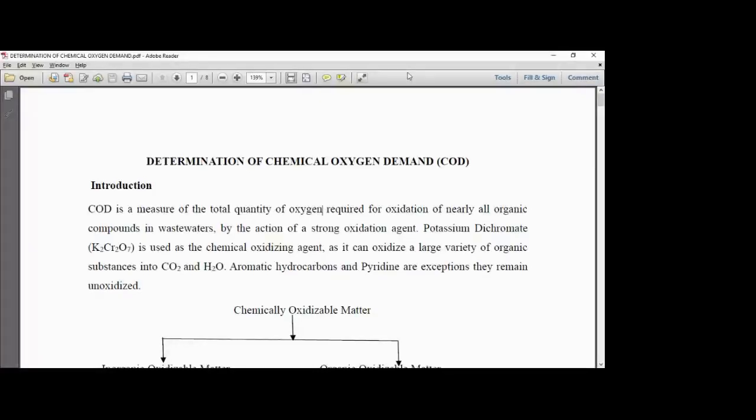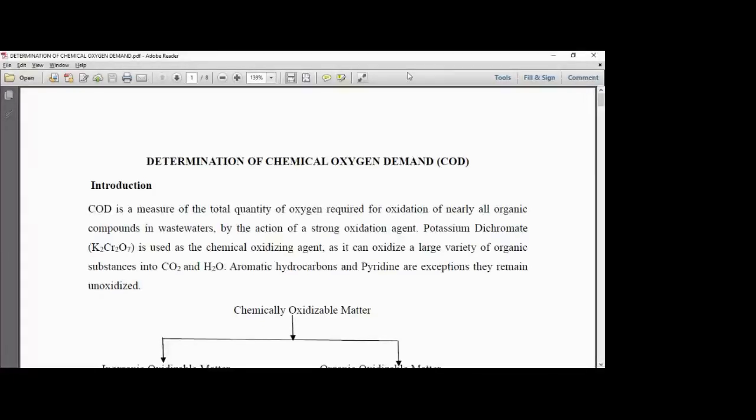So why is the oxidation of the organic matter required? If I oxidize all the organic matter, what will happen? My water will be more pure, right? My water contains organic matter, hence it is polluted. But if I oxidize and remove all the organic matter, my sample will be more pure, or it will have less pollution, right?